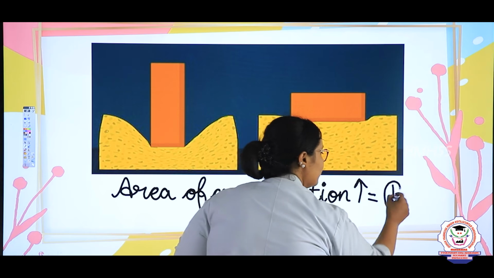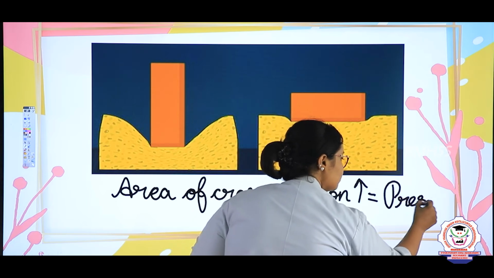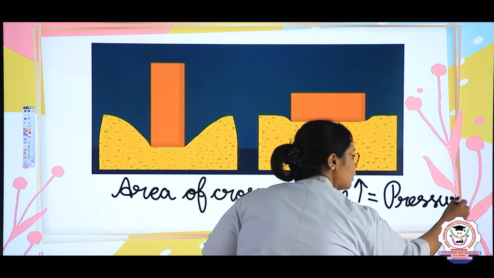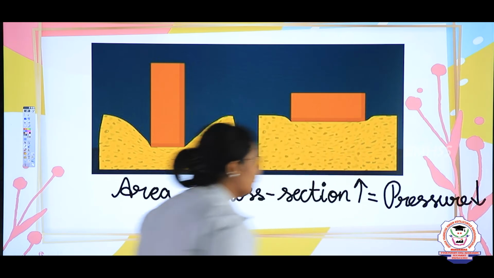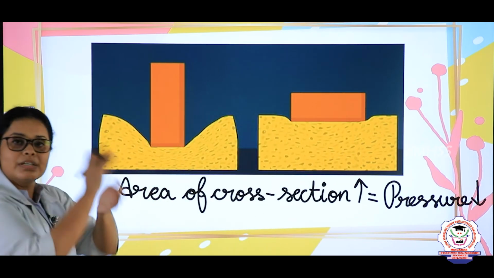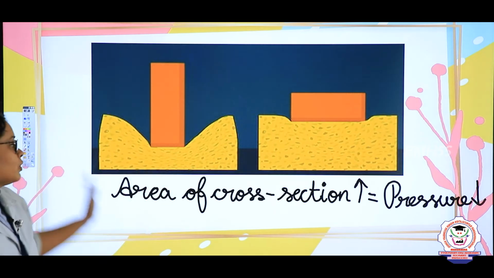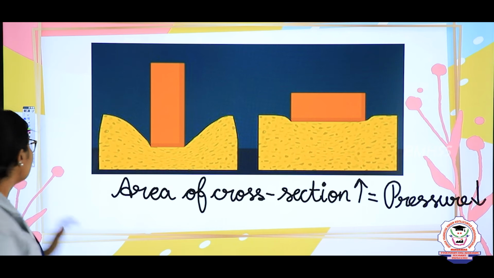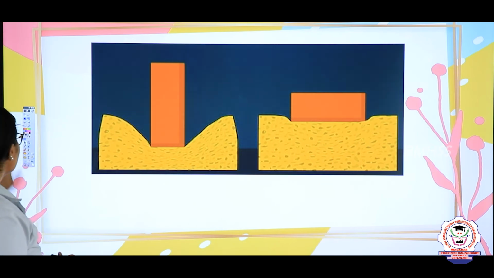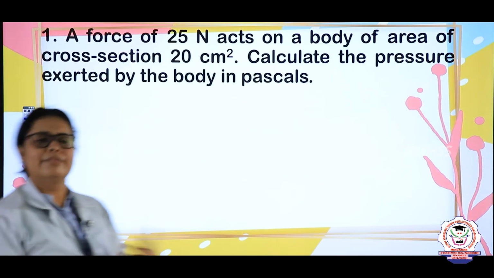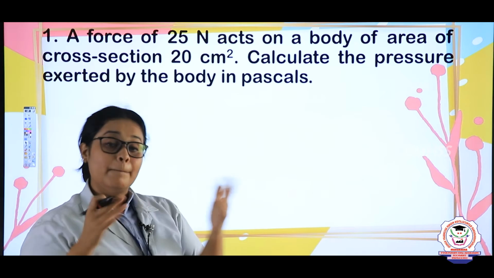What is less, children? Pressure is less, and in the same way if the area of cross section is less, then the pressure which is applied is more. So this is an important thing in this. Okay children? Yes.